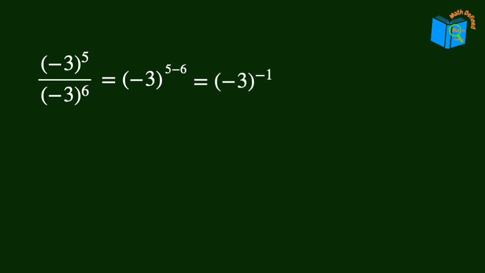Since the exponent is negative, we need to simplify a little further by taking the reciprocal of the power to change the exponent from negative 1 to positive 1, keeping the base as negative 3. While this is a legitimate fraction, it does look a little odd written this way. So we'll clean it up by dropping the exponent of 1 and writing the negative sign to the left of the fraction, resulting in negative 1/3.